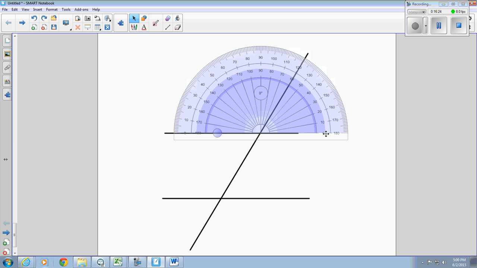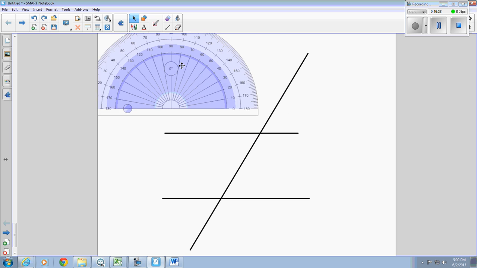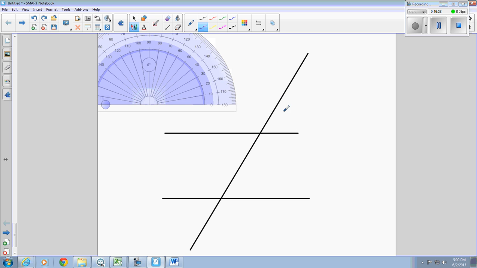From my 0 line up, this is 60 degrees. From this 0 line over, we've got 120 degrees. So this is 60, and by rule, this has to be 120.